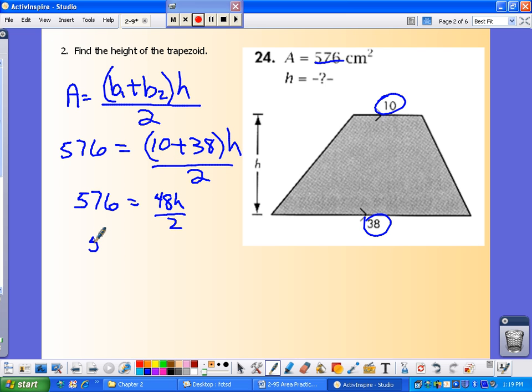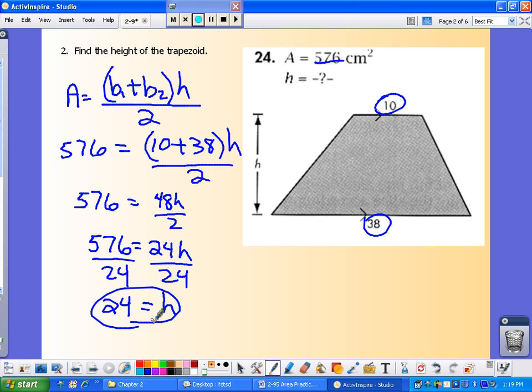So either way, I'm just going to divide that 48 by 2 to get 24h. And then dividing by 24 on both sides, I get that h should be 576 divided by 24, which is 24. Wow. Go figure.